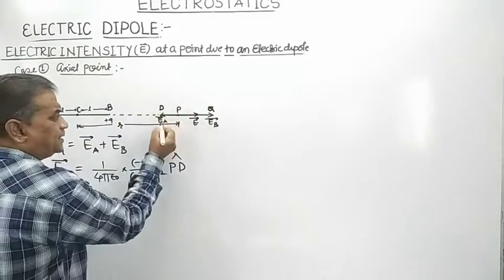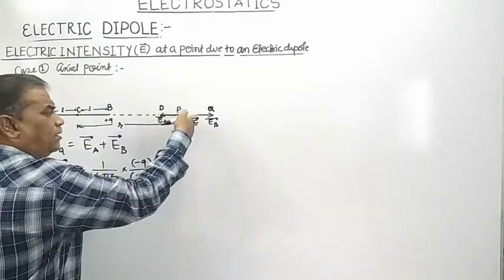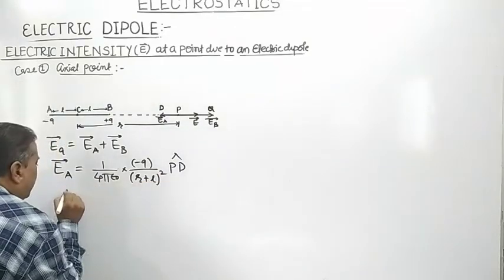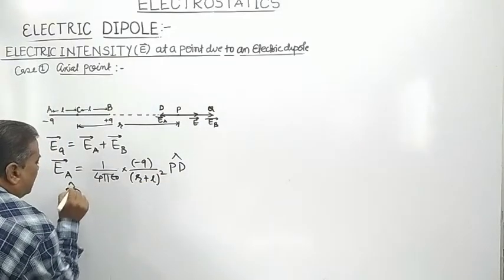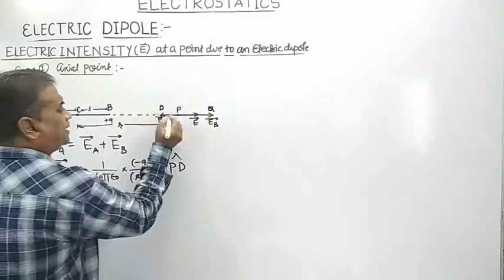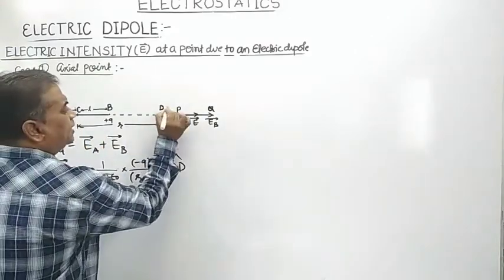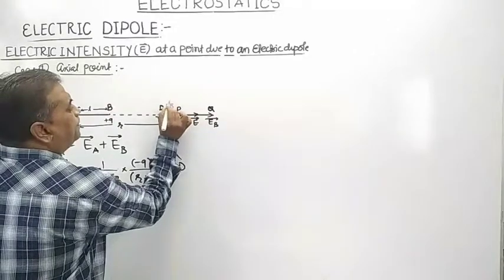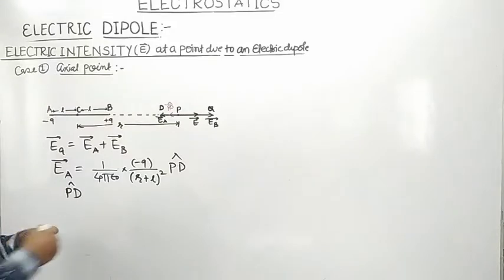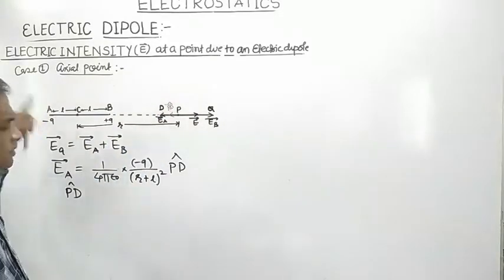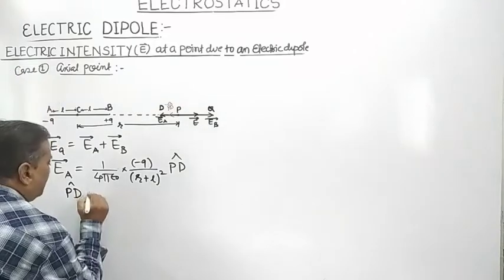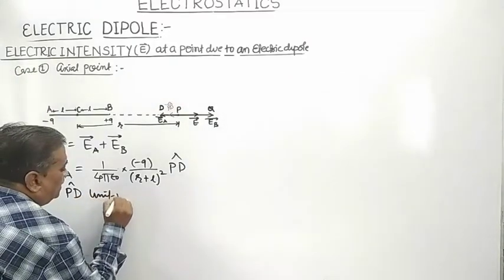In which direction will this EA act? It acts along P to D. Therefore, this PD cap represents a unit vector. PD cap is a unit vector along PD, acting along PD and directed towards what? The negative charge. Similarly, here PD represents a unit vector.